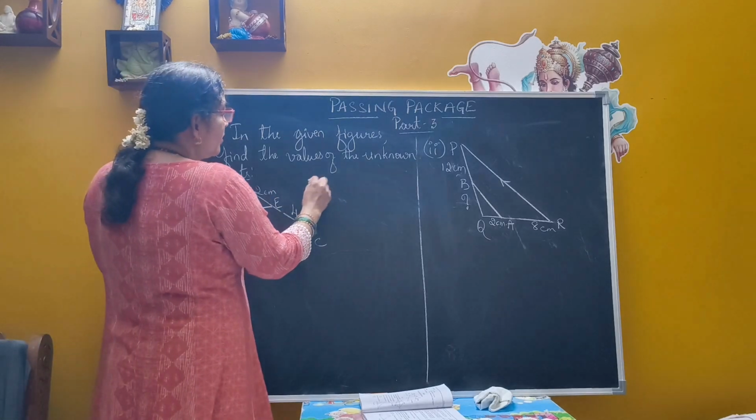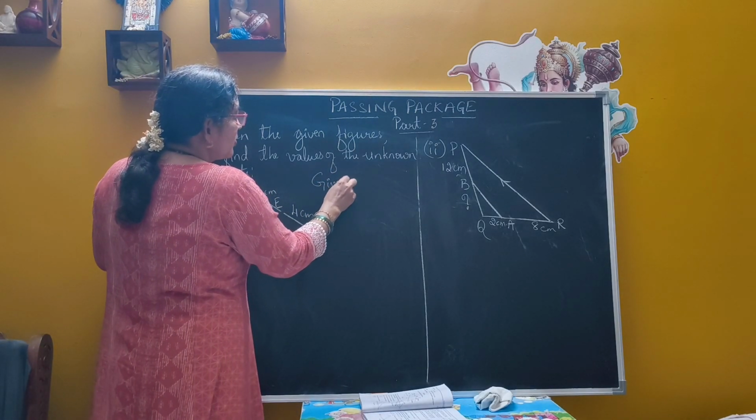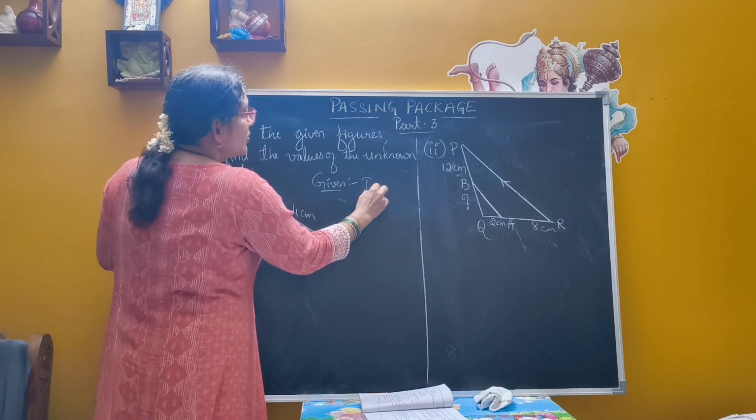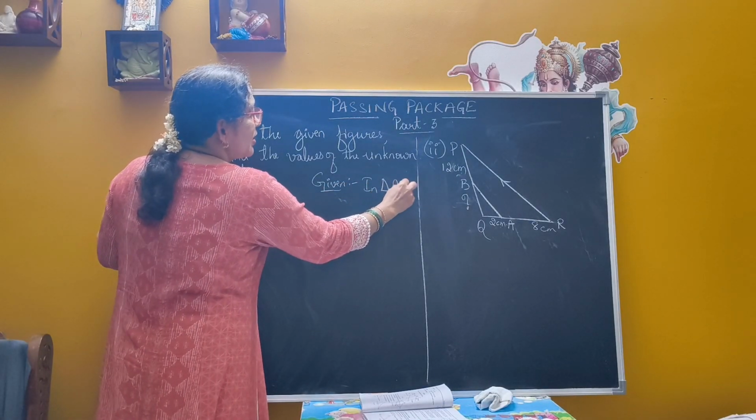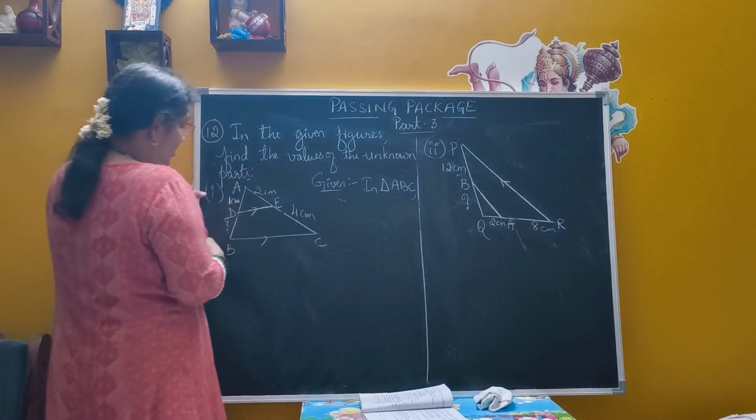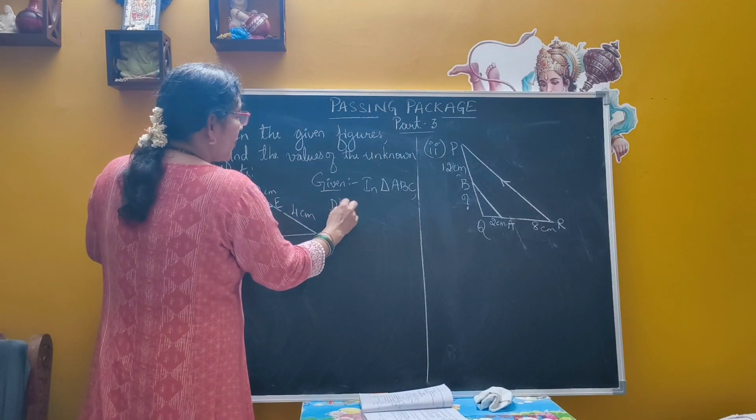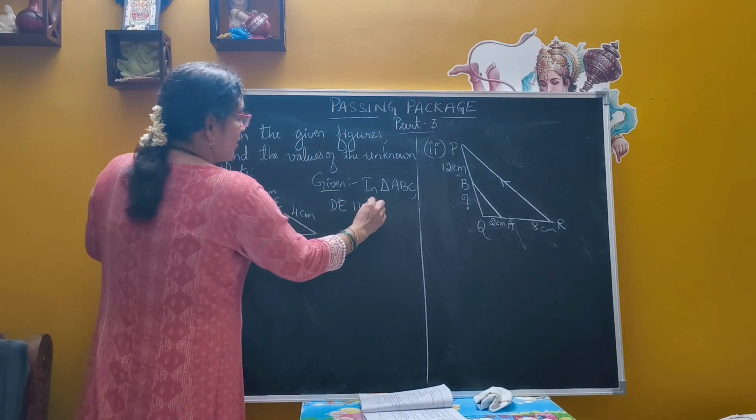Okay, so given in triangle ABC, which sides are parallel here? DE parallel to BC.